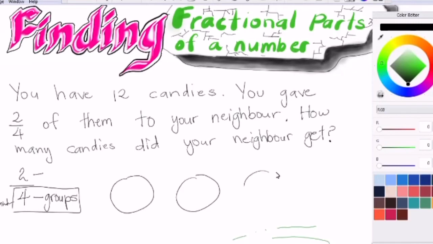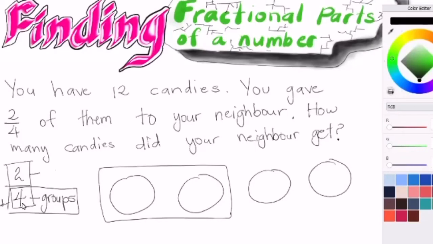So we will draw our 4 groups first. Yes, that is our 4 groups. And we're going to consider how many of them? Yes, we are going to consider 2 of them. Let us distribute our objects. So far, we've distributed 4. Still need more. 5, 6, 7, 8.